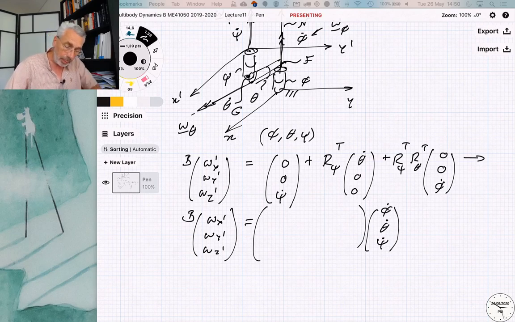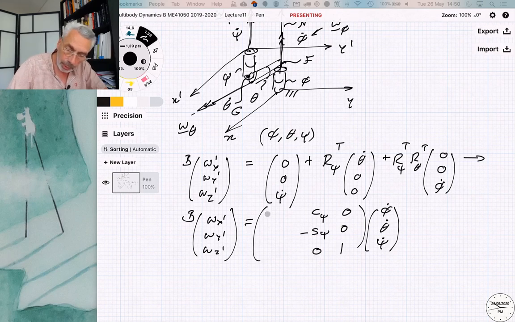And then the matrix entries are, well, the last one is the simplest, because this guy has to do with that guy. Then this is a cosine psi, and this is a minus sine psi, and this is a 0. And then here we get a sine psi sine theta, cosine psi sine theta, of course, yeah. And then we get the cosine theta here.